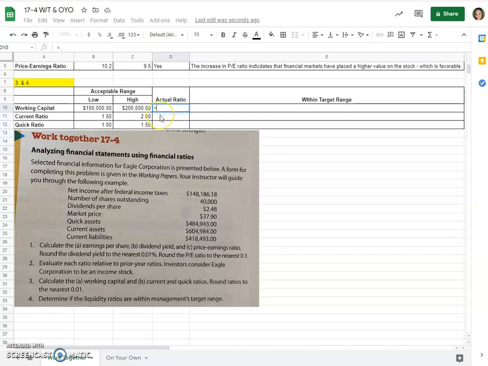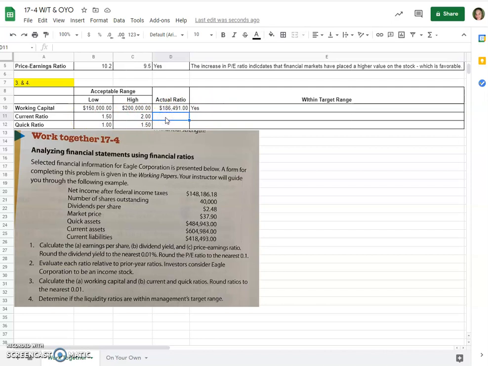So current assets are 604,984 minus current liabilities 418,493, which is 186,491. Was this within our target range? 186,000 does fall between the 150 and the 200,000. So, yep.